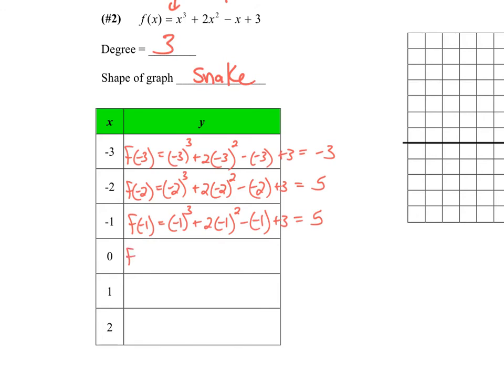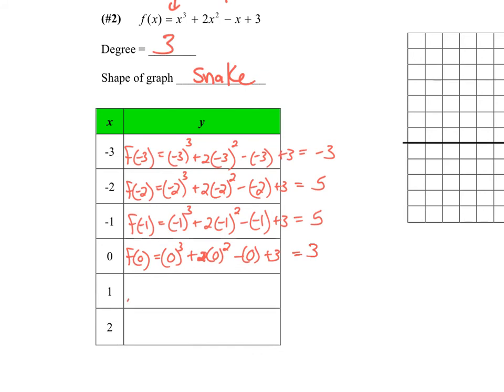Then we plug in 0. So we get 0 to the third plus 2 times 0 squared minus 0 plus 3, and we would get 3.